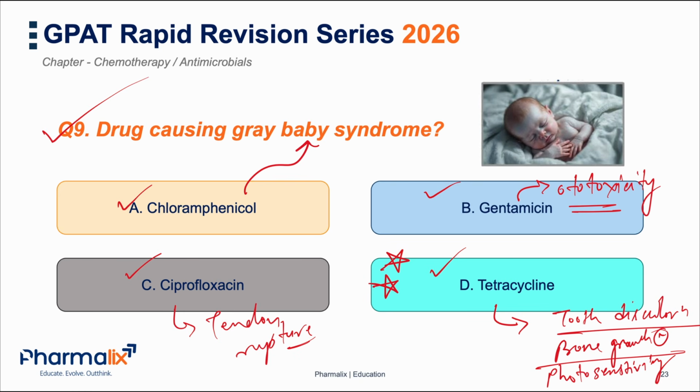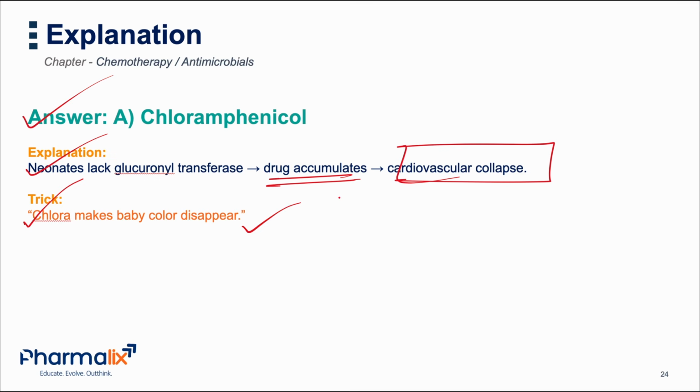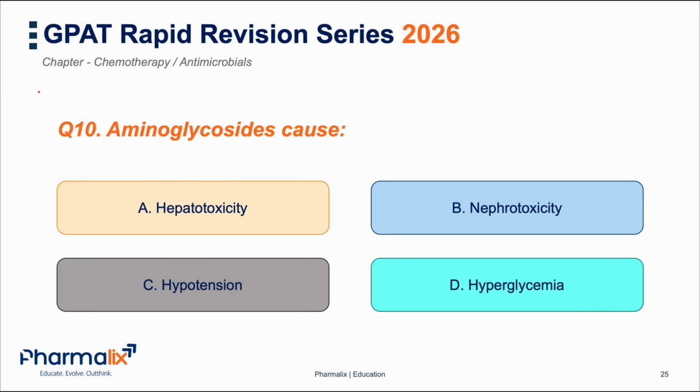Okay, so with that, the correct answer is chloramphenicol. Neonates lack glucuronyl transferase, the drug accumulates and thus causes cardiovascular collapse. So the trick: chlora makes baby color disappear. You can use this, or you can make some of your own tricks as well.